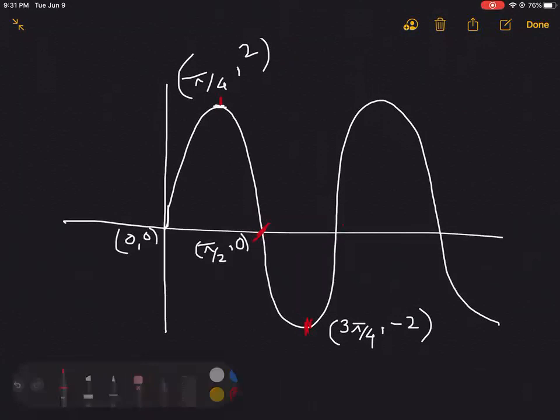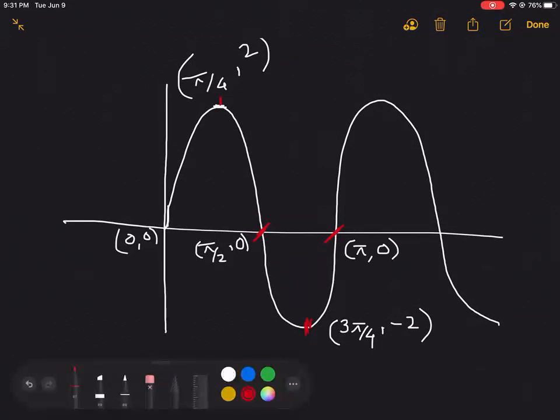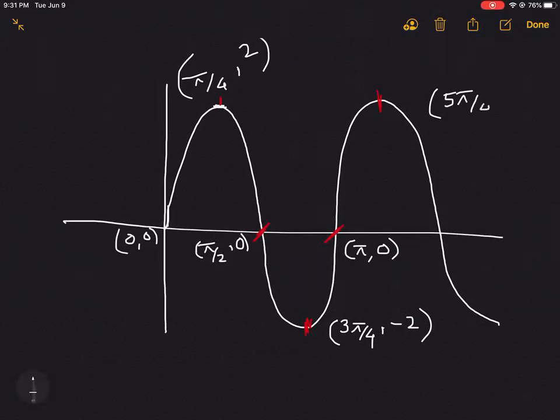The other point on the x-axis is (pi, 0). So that's our (pi, 0). At the top, we have another extreme point. That's (5 pi over 4, 2). This information is given, by the way, so don't worry about it.